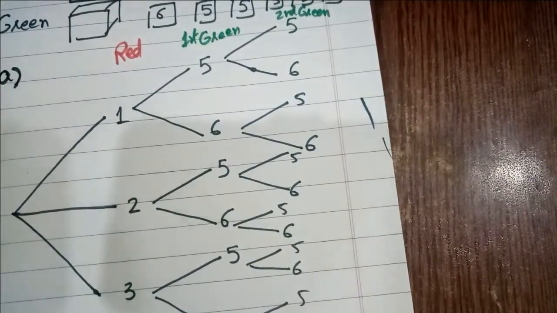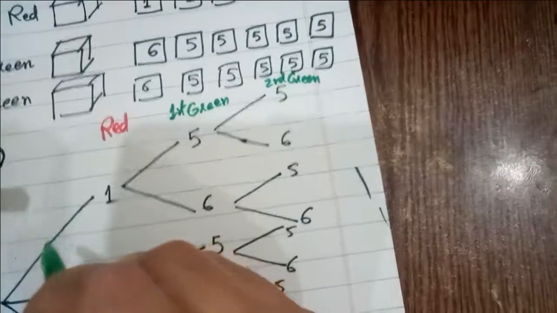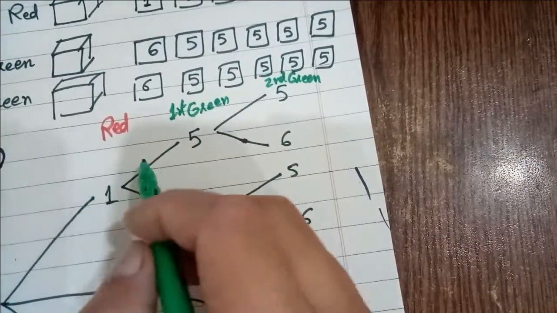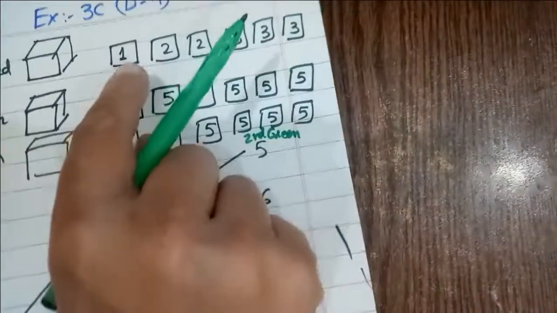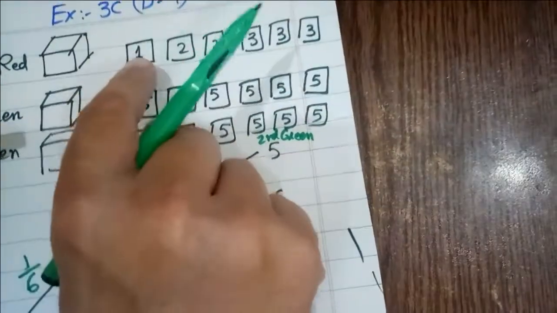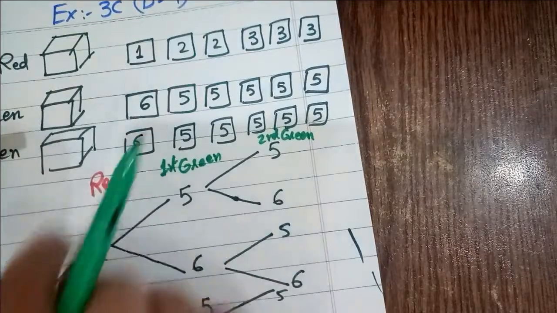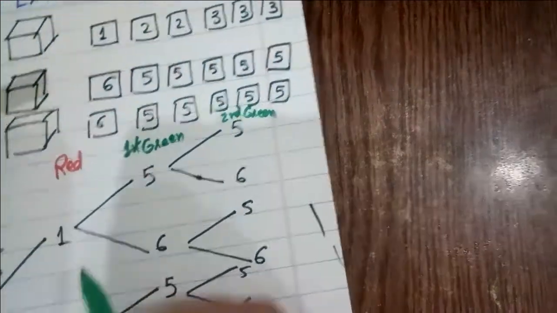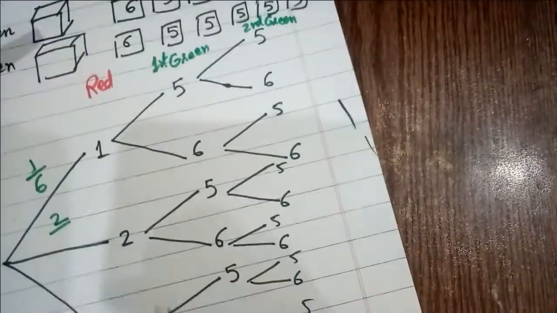Now we have to write the probabilities. In the sample space, the probability of getting 1 on the red die will be 1 by 6, since there is only one face with 1. Number of ones divided by number of faces, 6. For getting 2, number of 2s is 2, so 2 divided by 6.